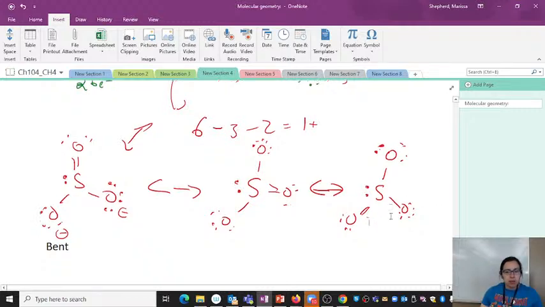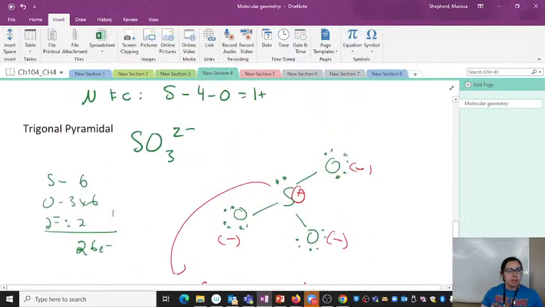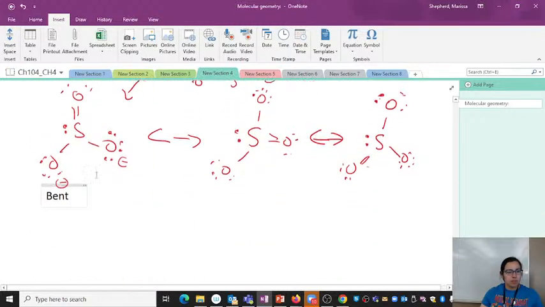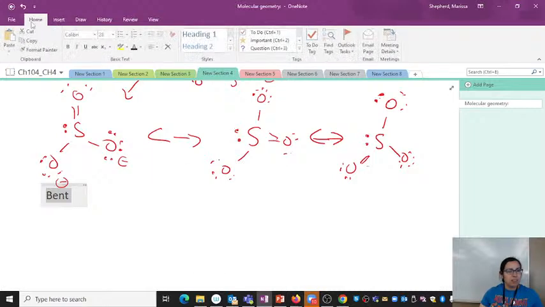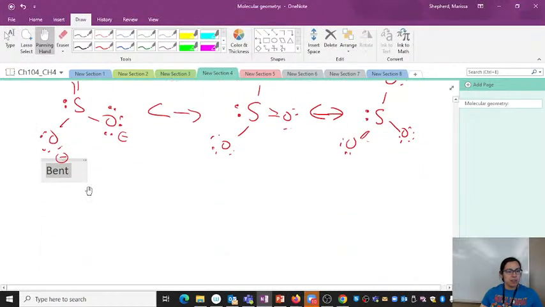And then what's our geometry here? Trigonal pyramidal. Sorry, I was confused slightly because it was showing bent, and I was trying to move it down so it'd be out of our way.